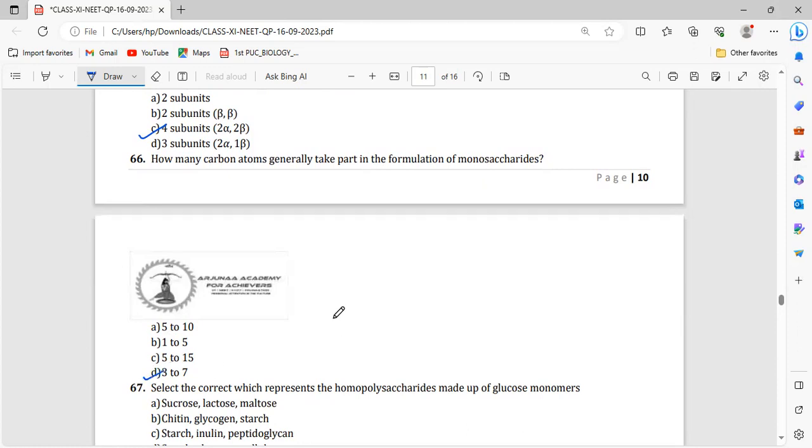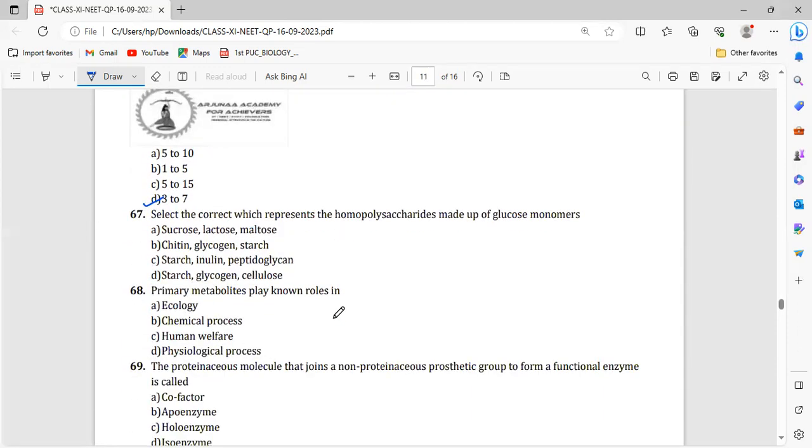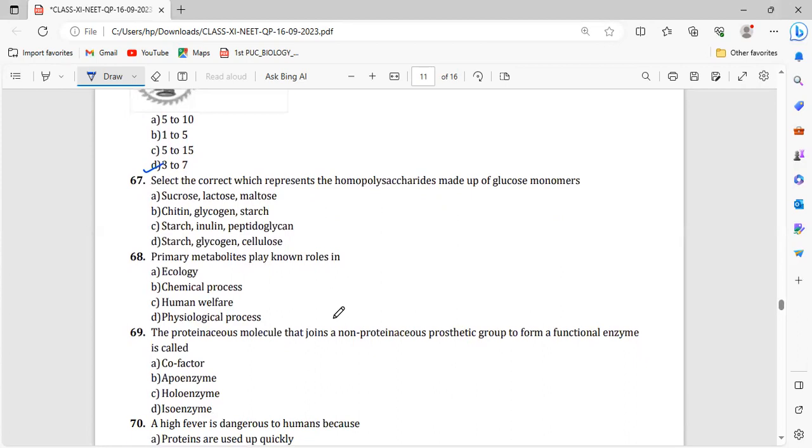It goes up to 7. 67. Select the correct option which represents homopolysaccharides made up of glucose monomers. Out of these, option D: starch, glycogen, cellulose, all are homopolymers of glucose.